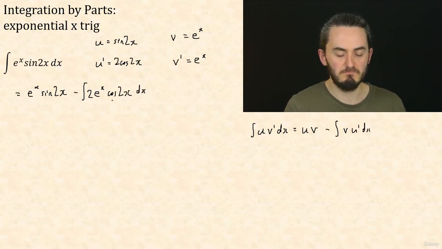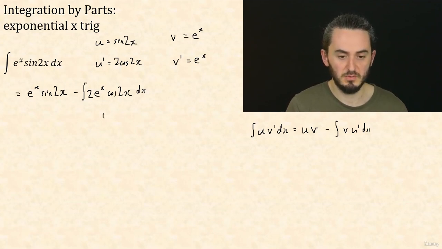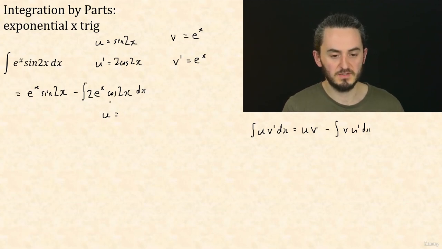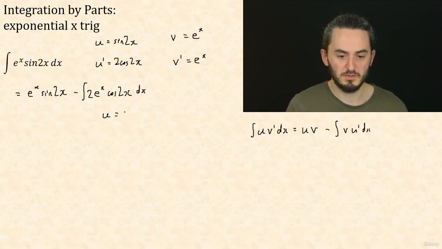Okay, so this is just another exponential and trig integral. So we're going to use parts again. And I'll be consistent and once again have the trig bit as my u and the exponential bit as my v. It's just my trig bit now is cos 2x.